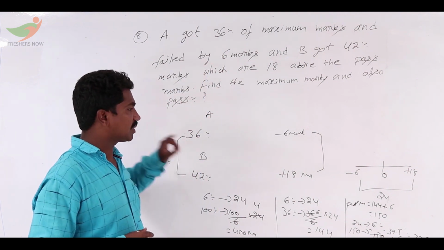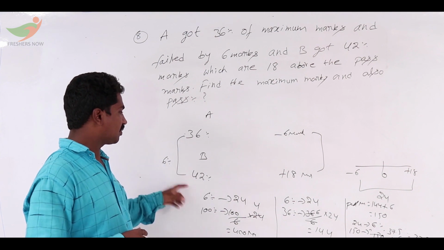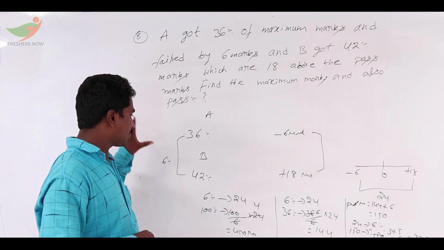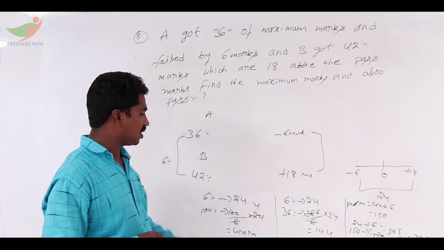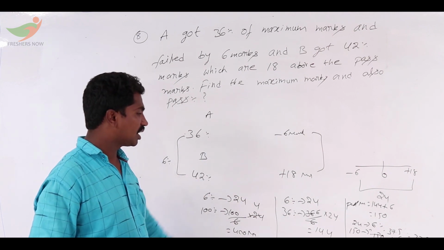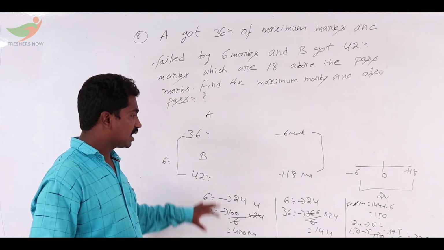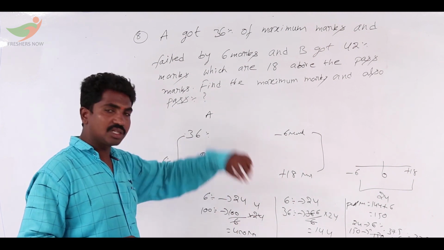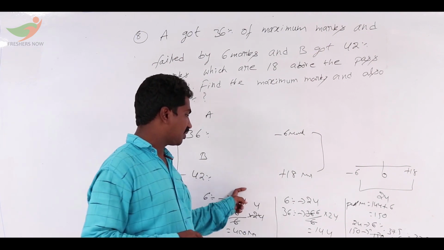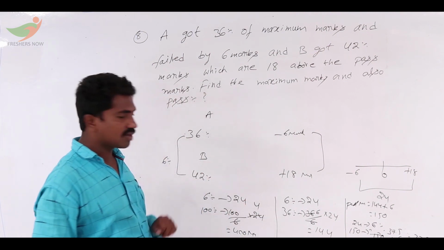I repeat, there are 2 students. A got 36%, failed with 6 marks. B got 42%. He got 18 marks more than the pass marks. So the difference in the percentage value is 6%. The difference in the marks 24. 6% is 24. He is asking 100%. 100% is 400. Here he is asking the maximum marks and also pass percent. Now we find pass percent. We know 6% is 24. We can take 36% or 42%.